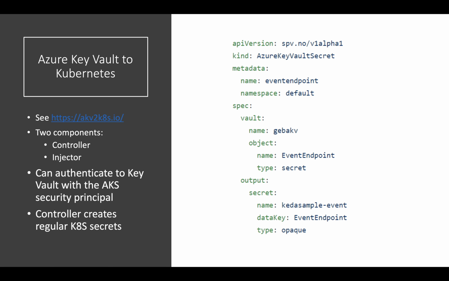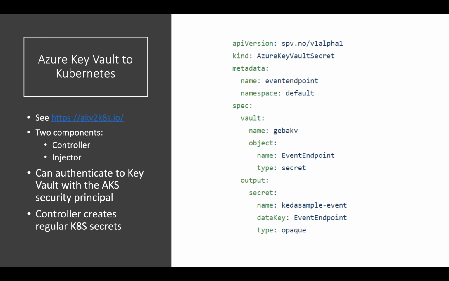I have worked with this one a couple of times, which is a very easy one to use, and that's the Azure Key Vault to Kubernetes controller, so to speak. You'll find it at that URL. And again, that's a custom resource definition to allow you to create Azure Key Vault secret resources.